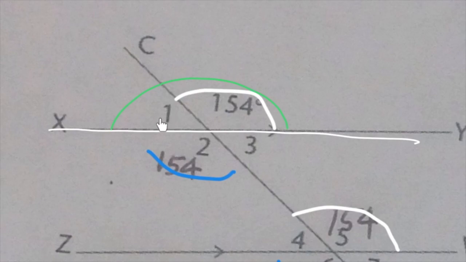So this angle would have to be 26 degrees to make that 180 degrees combined. And if that is 26 degrees for angle 1, then this is also 26 degrees for angle 3. Angle 1 and angle 4 are corresponding, so those must be 26 as well. And if 4 is 26, then angle 7 has to be 26 because those are vertical angles that must be equal.